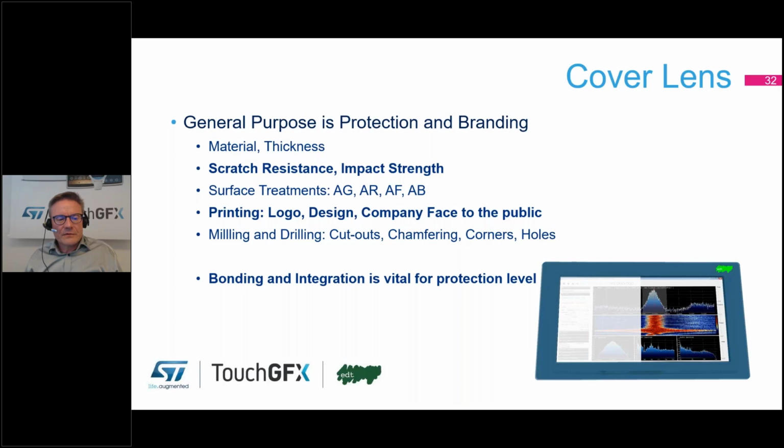And then of course we can talk about the surface treatments. Like I said, if you can have water running off more easily, then you can achieve better sensitivity and a better touch function. Hence some kind of anti-fingerprint treatment may be the best choice for that. Finally, not to forget, the bonding and integration of this display touch system is really vital for your protection level. So let's dig a little bit into that.